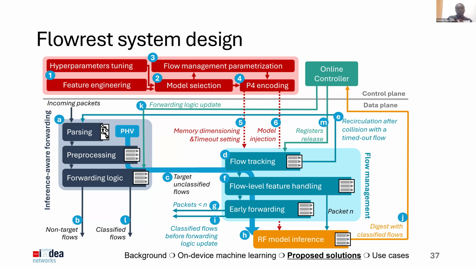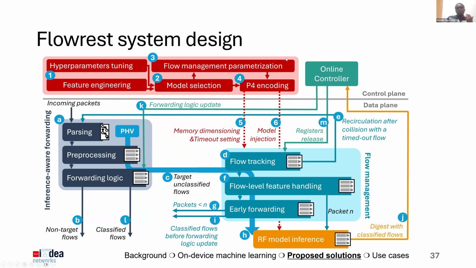Then once we have those parameters, depending on the data set, we also want to determine how we are going to initialize the stateful registers that we have in the hardware. To do that, we have a stage for flow management parameterization. Depending on the number of flows that we expect to find in the data set, we can compute the number of register arrays that we would need in order to optimize how we use the memory in the switch.